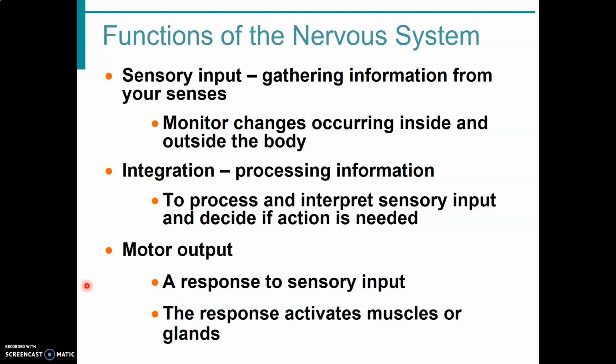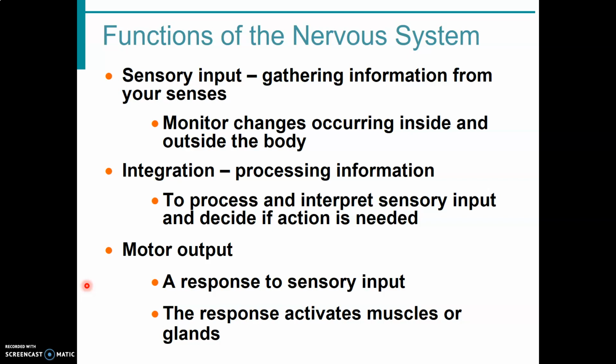Being able to do this allows us to monitor changes occurring both inside our bodies and also outside our bodies, right? We have to have a way to integrate or process that information. And in so doing, we process and interpret this sensory input that we receive, and then our brain decides if a specific action is actually needed.